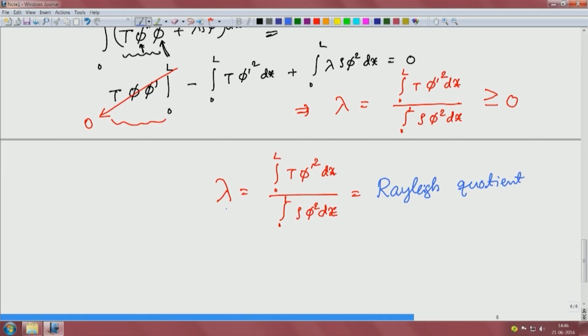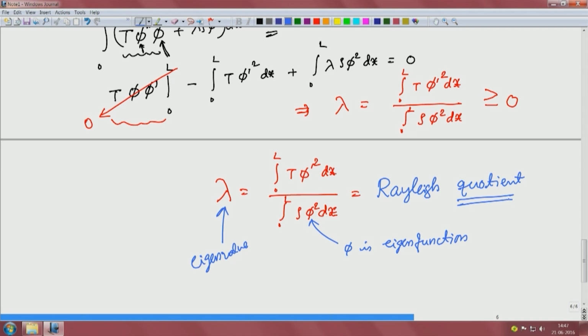It gives you the eigenvalue, and phi is of course, as we said, the eigenfunction. I can get lambda as a quotient.